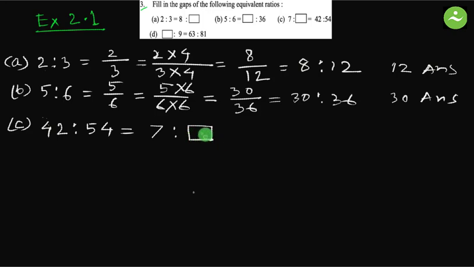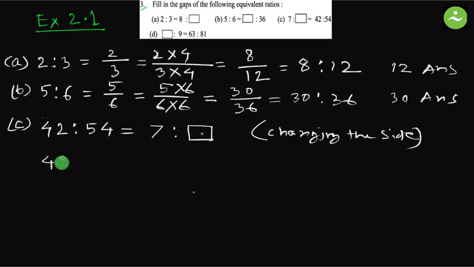We have to find the value of this gap. We just change the side. Now first quantity is 42 here and here first quantity is 7. We have to find out when first quantity is 7, what is the value of second quantity. So let's start from left side.